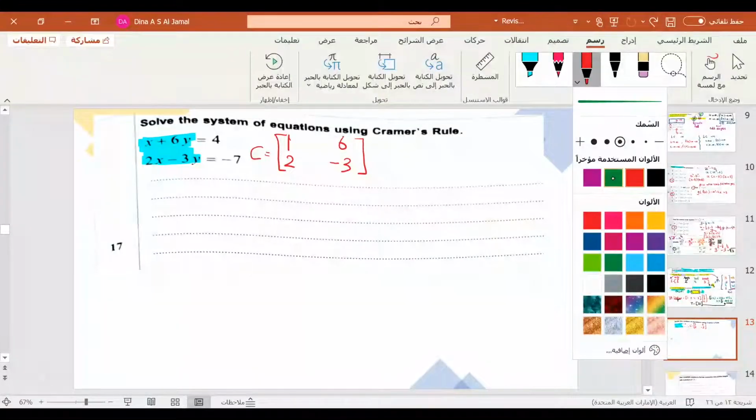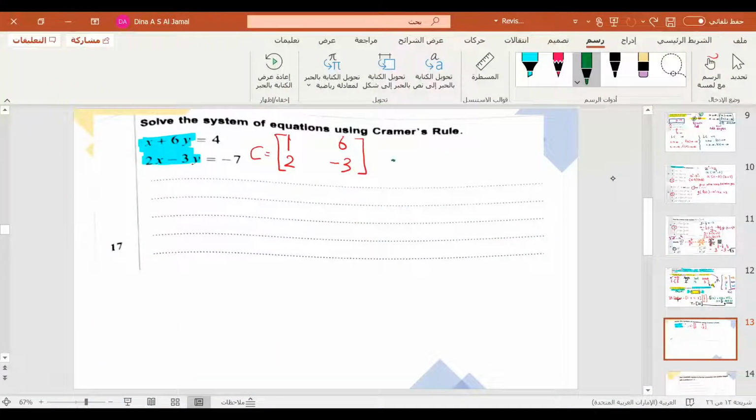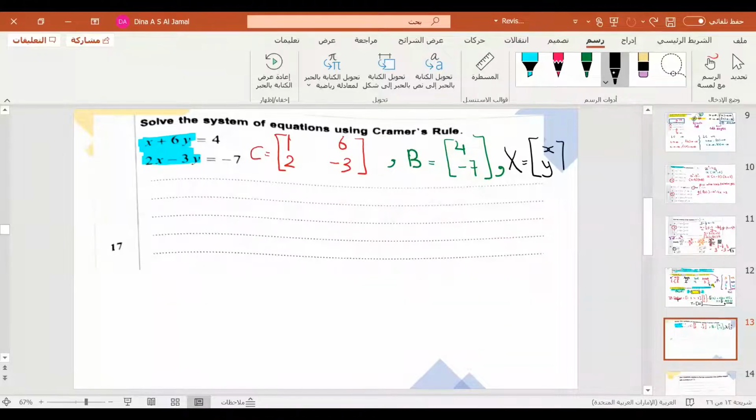And think of the other thing, which is the constant matrix. The other numbers here, 4 and -7. And we have the variable matrix, which is capital X. It's all about x and y.